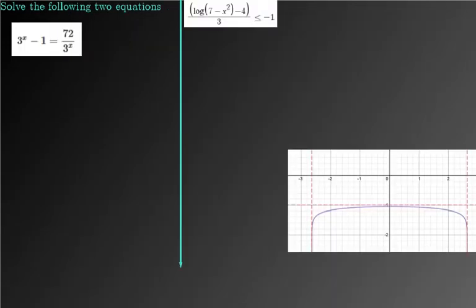There's one more concept that we haven't reviewed yet, and that is solving log and exponential problems. So both of these are, I would say, definitely on the harder side, for log equations, inequalities, and exponential equations, inequalities.